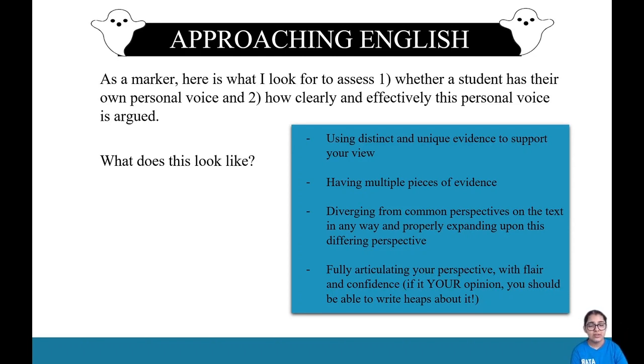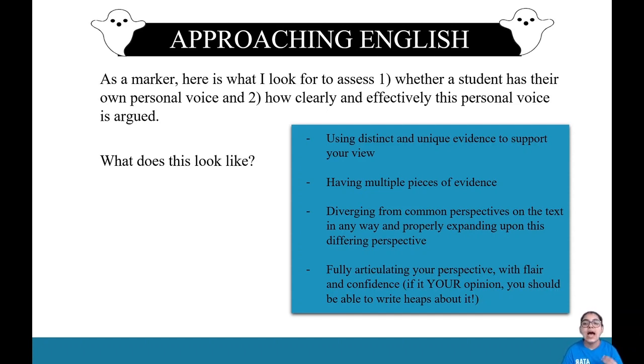A response that has good personal voice will be something like, this is what is done, this is how it is done, and this is why it has been done, or why it is effective, or why it is ineffective. And that why tells me that the student has personal voice, that they have thought about their opinion.